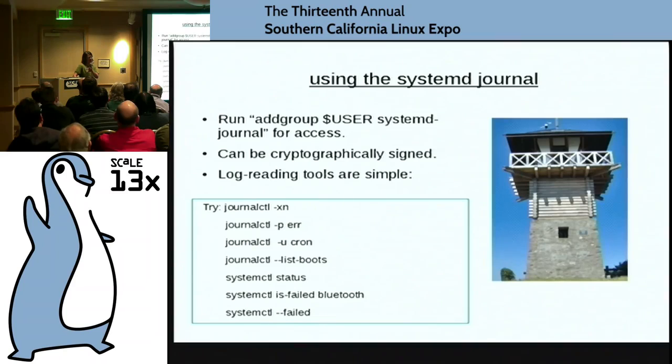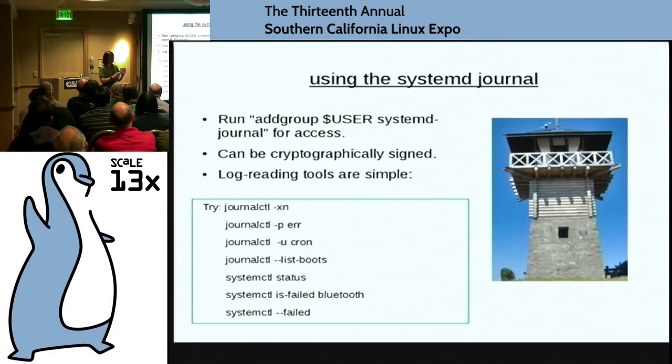The great thing about the journal is, as with the unit files, the journal entries from all different services are in the same format. So your service can send any message to the journal, and in fact, anything that your service writes to standard out or standard error automatically goes in the journal, but it gets encapsulated by a metadata header, which is the same for all services.